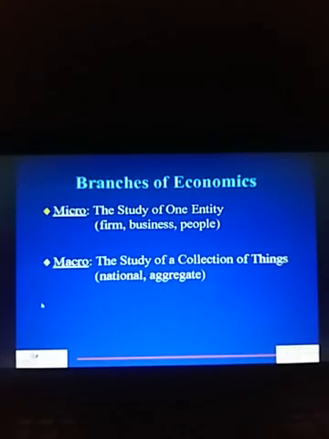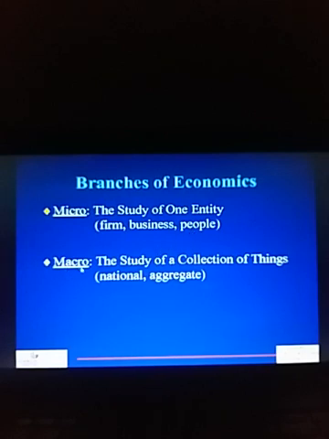However, to conclude micro and macroeconomics, the two branches, we can give a simple definition like this. Microeconomics is a study of a single entity, like a firm, the business activity of one person or a single individual.